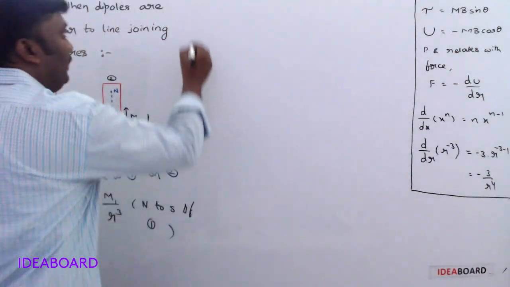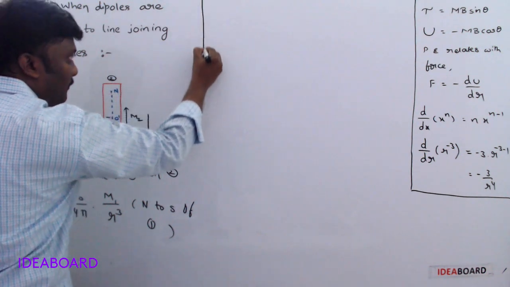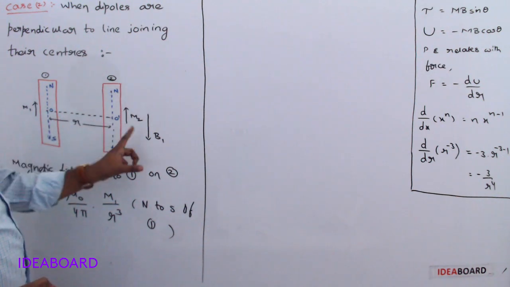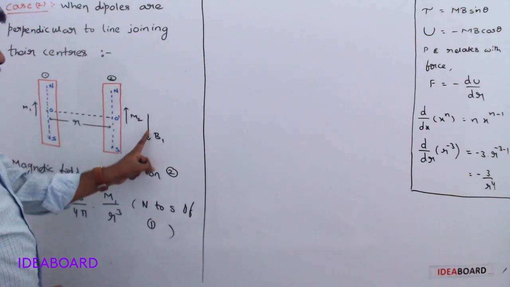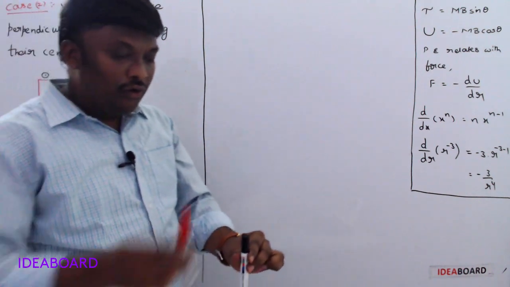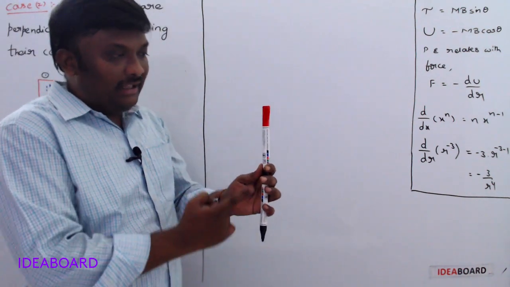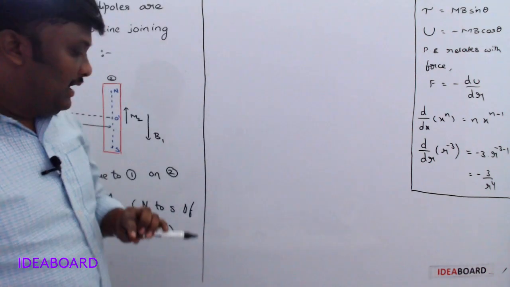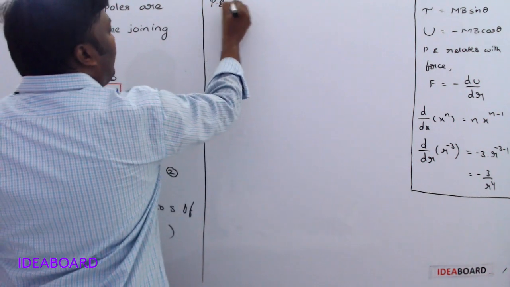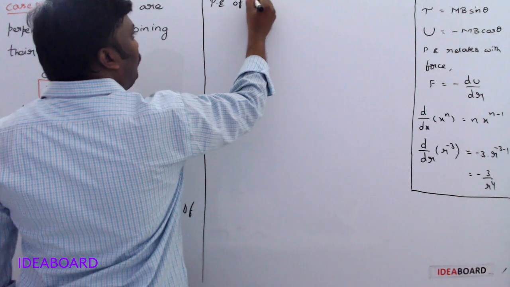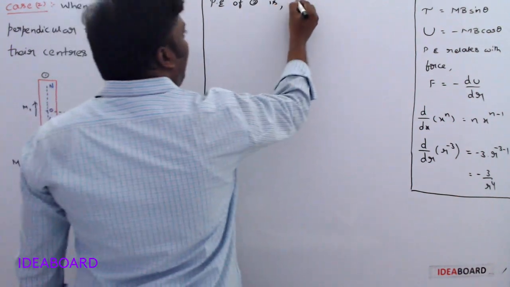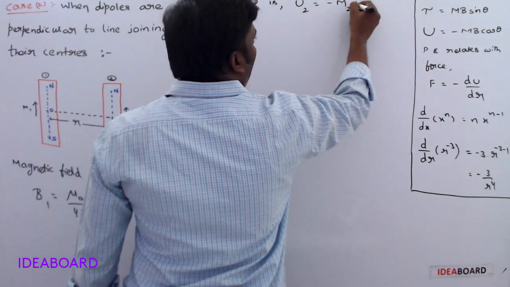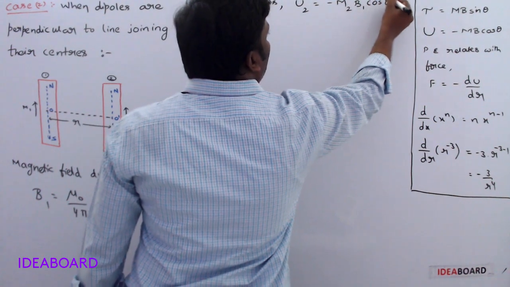Now you have B1. Within the field of the first magnet, we have the second magnet. See, here M2 is acting in the upward direction and B1 in the downward direction. That means one is acting downward and the other upward, which indicates theta is 180 degrees. So let us find the potential energy now. The potential energy of 2, U2, is equal to minus M2 B1 cos theta.